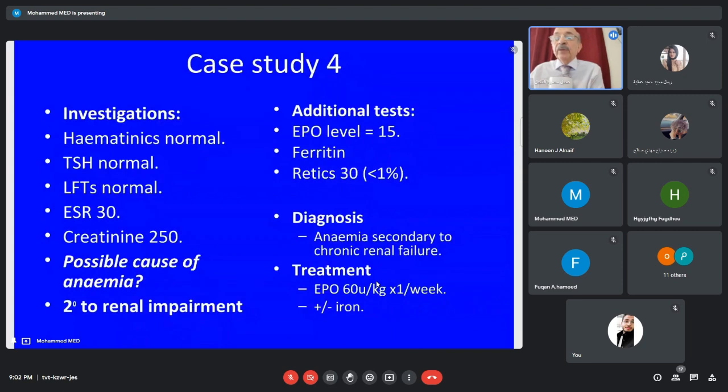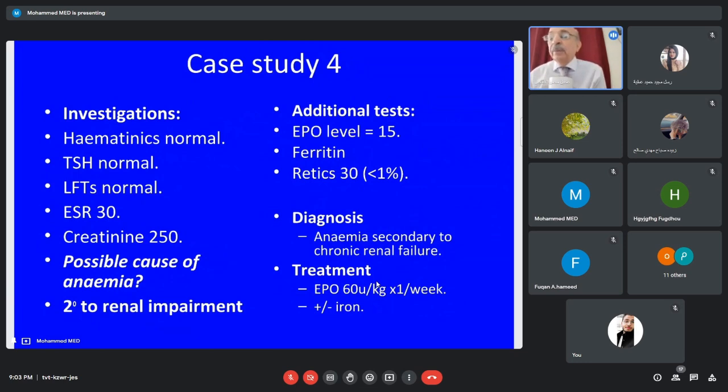In this patient, we have to further our investigations by doing other blood tests. The thyroid stimulating hormone, TSH, in this patient was normal. The LFTs were normal. The ESR is 30, a little bit high. The creatinine is high. So this indicates a chronic kidney failure.